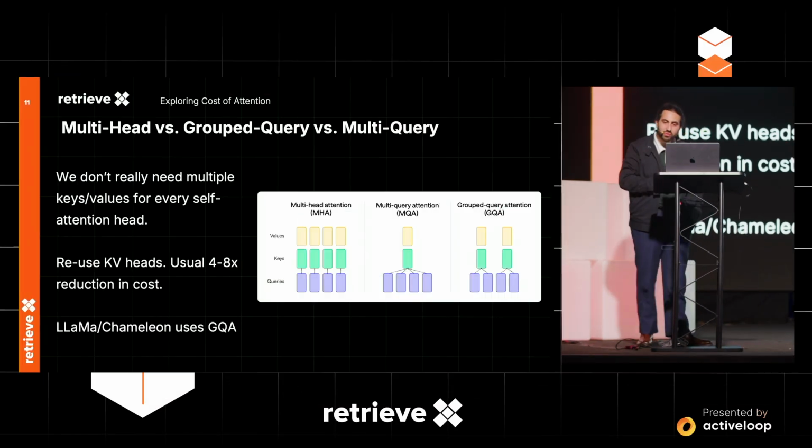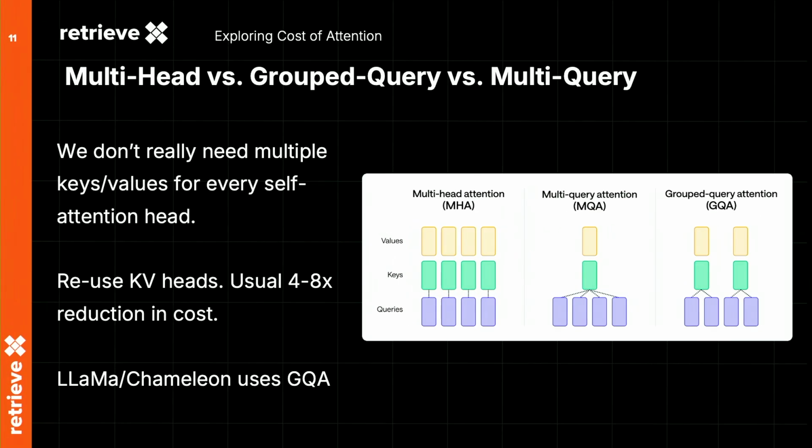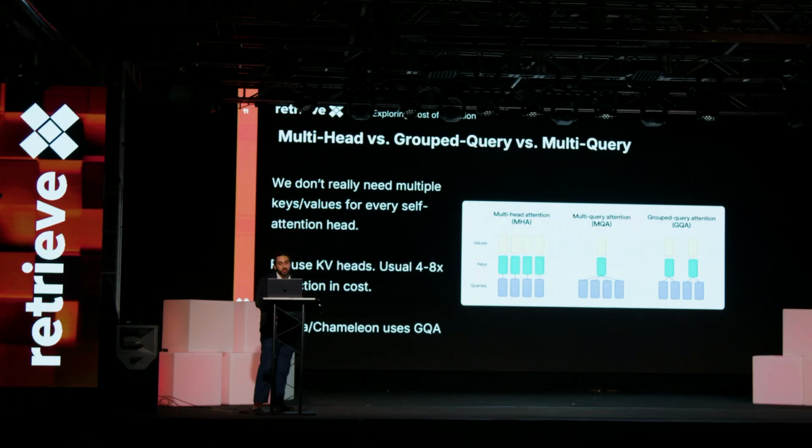Probably the most well-known example of pruning attention is this concept of grouped query or multi-query attention versus the very traditional multi-head attention. So the key realization was, and this realization was maybe 3 or 4 years ago, is that you actually don't need to represent your sequence as multiple keys and values for every self-attention head. So really what you can just do is reuse your key and value heads within a single multi-head attention block.